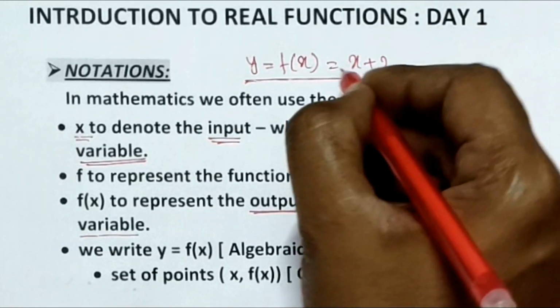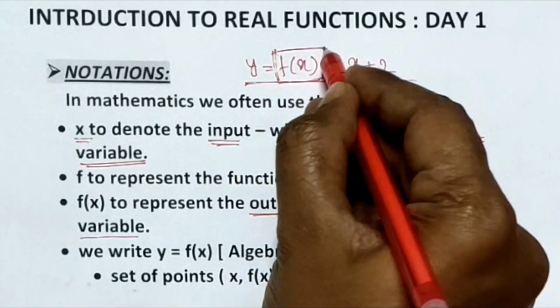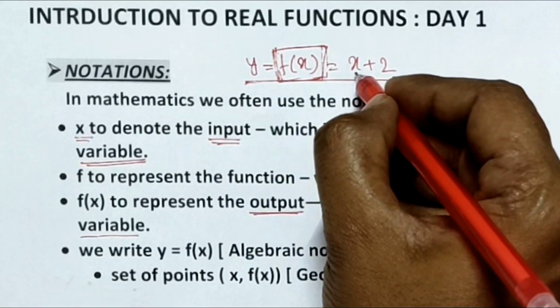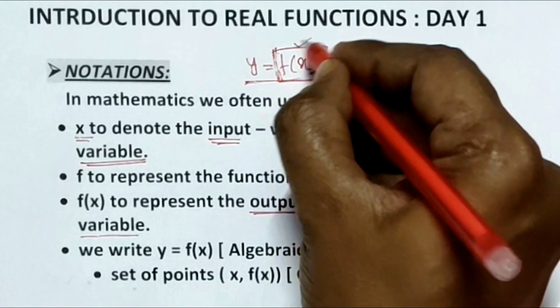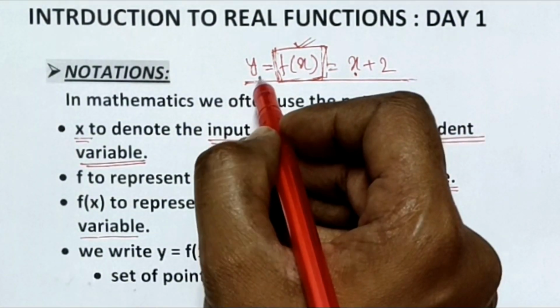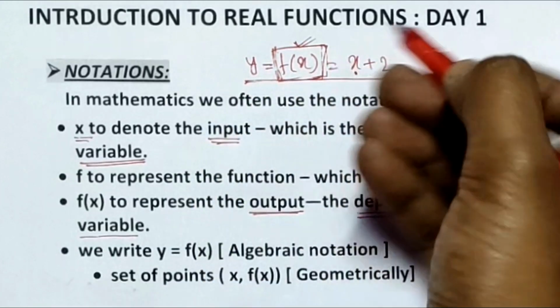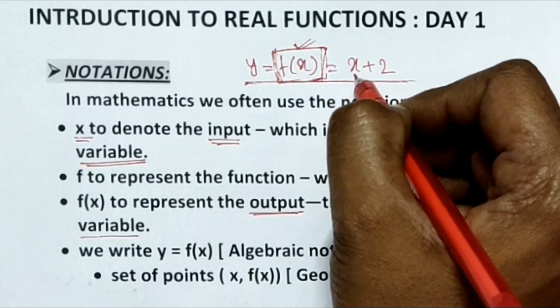Why? Look, what will be the values of f(x)? The values of f(x) depend on the values of x, right? Hence f(x) is said to be the dependent variable. Usually we write f(x) equals y, and here x is the independent variable.